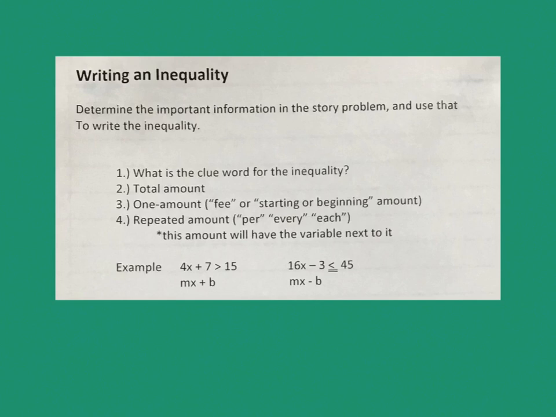So when we're writing an inequality, we're going to do exactly all the same steps. The only difference is we have to look for the clue word to tell us which inequality symbol to use. We still have a total. It goes by the end of the equal sign. I still have my one-time amount, which is going to be my constant.